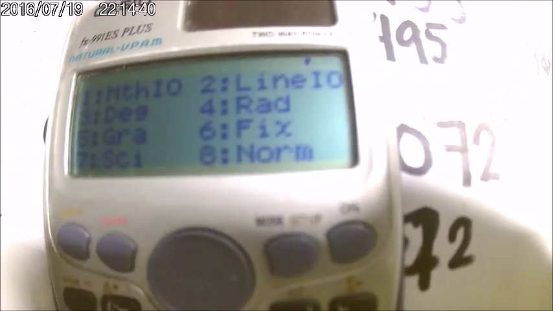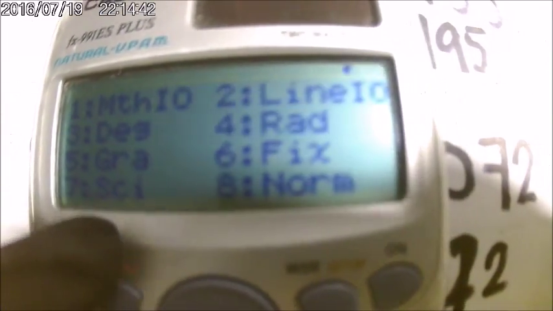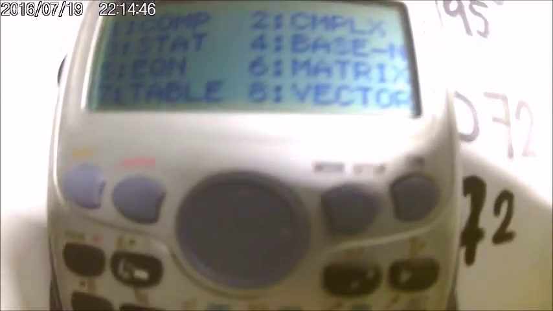So we select start. It is 3. We select this one, 2. So input the data.